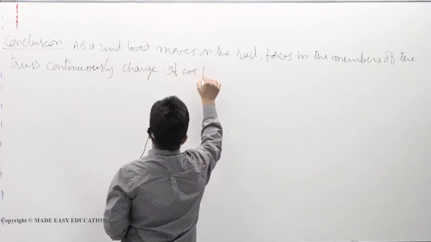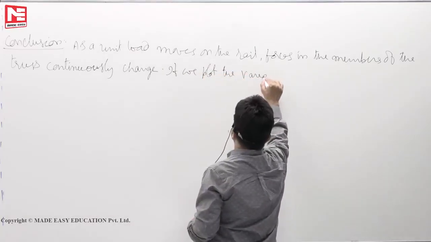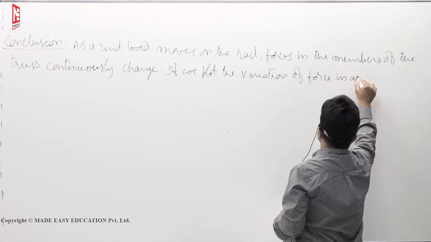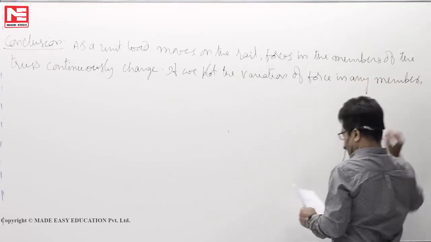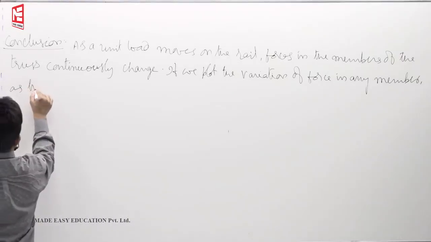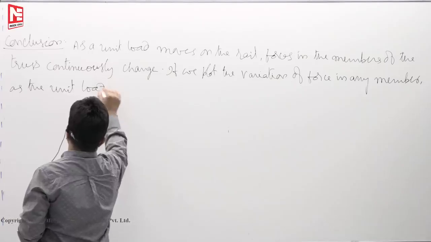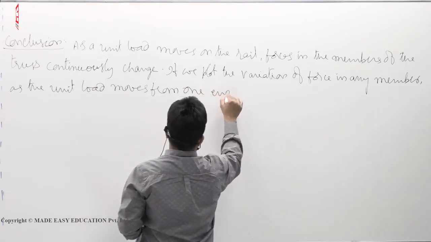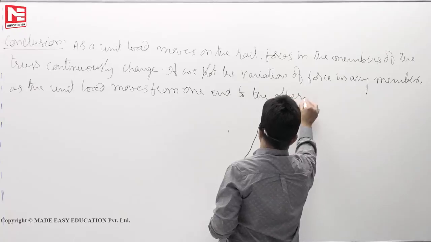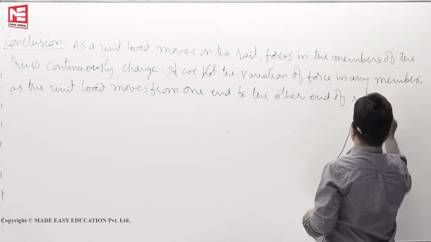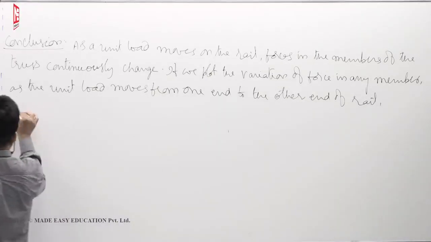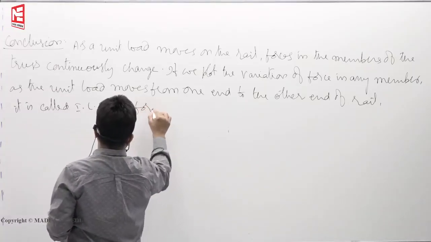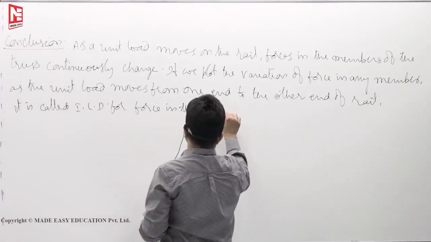If we plot the variation of force in any member as the unit load moves from one end to the other end of the rail, it is called the influence line diagram for force in that member.